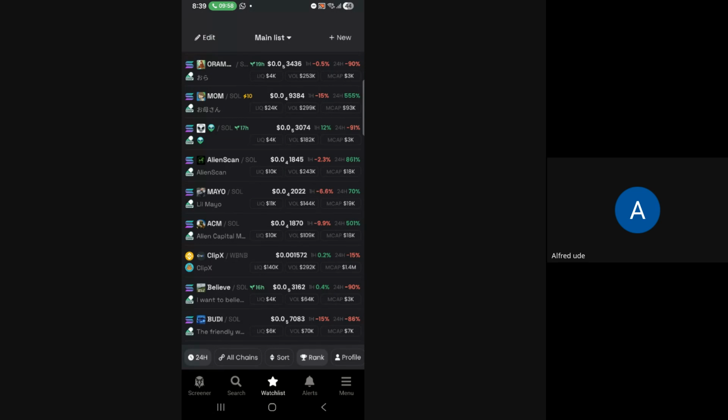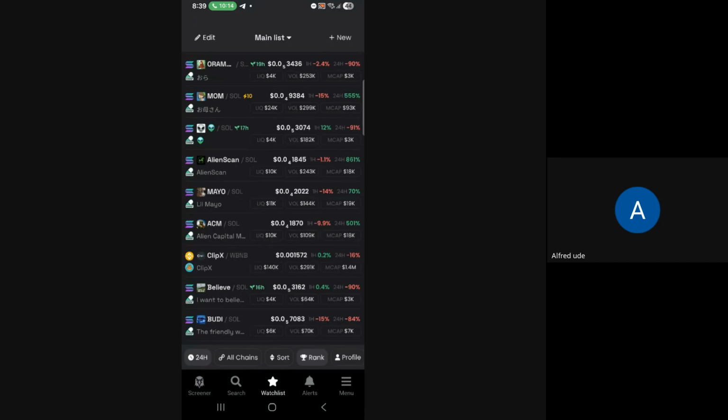Then if you look at this other coin called Alien Scan, you discover that this coin did 861% in the space of 24 hours.